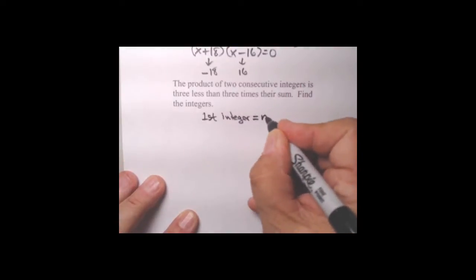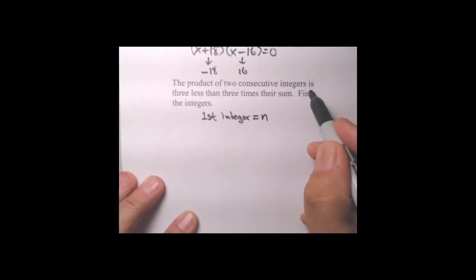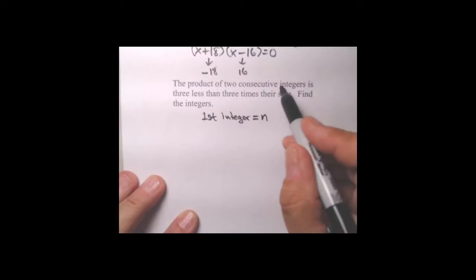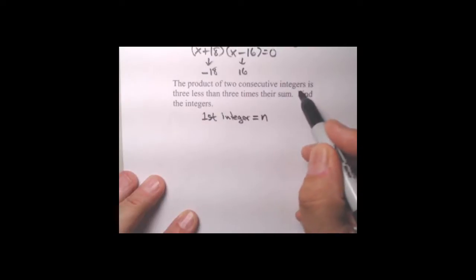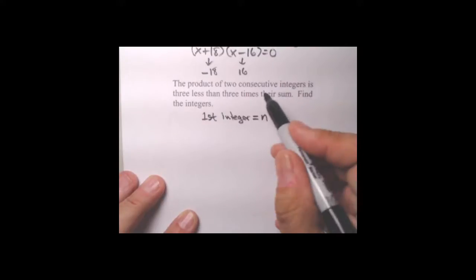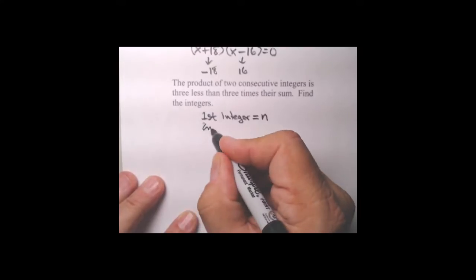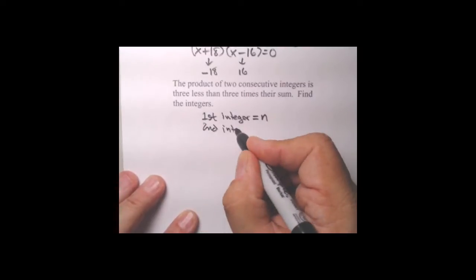You could use x again if you wanted. Consecutive, okay, now notice they don't mention even or odd here, do they? So if it's consecutive, it's one after another. So if this is n, the next one, it's just going to be n plus 1.